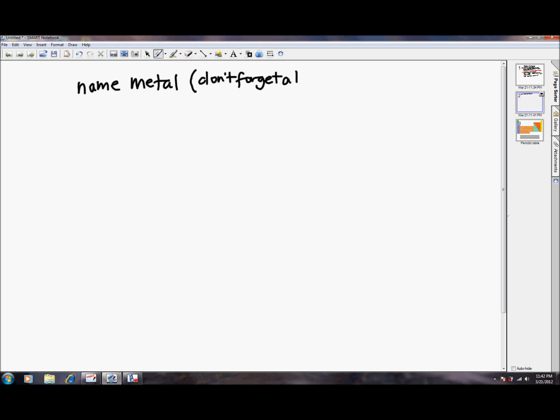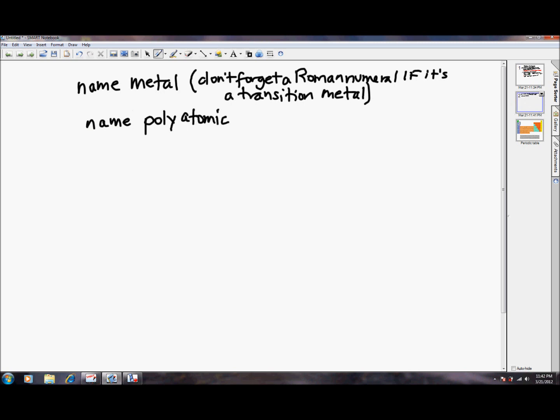And if you happen to find one of your metals is a transition metal, you have to remember, don't forget a Roman numeral if it's a transition metal. And then you simply name the polyatomic ion. You don't have to alter the name or anything, you just look it up.